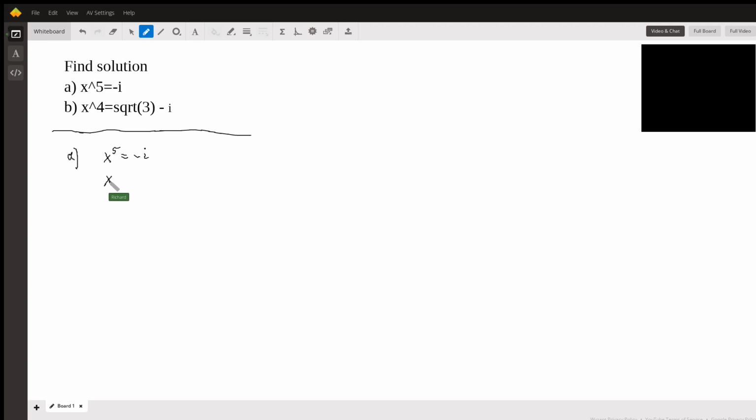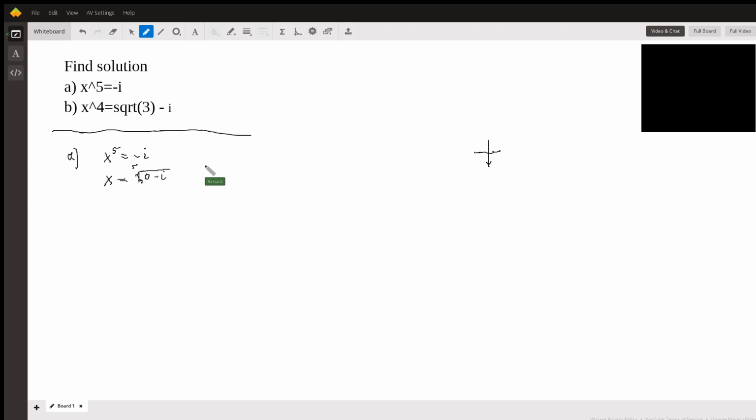So x is just the fifth root of 0 minus i. So think of it that way. Now, where am I coming from here? Graphically, negative i is here, and it has a length of 1.